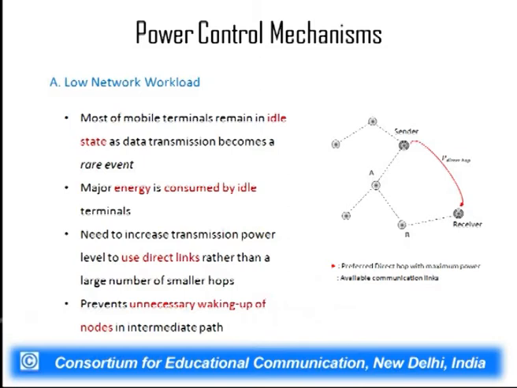So whatever energy is getting lost is not due to transmission or reception activities, it is only due to the idle state. Energy consumption is very little, and the transmission requirement for communication is also very rare. So we can say that communication is a very rare event here.